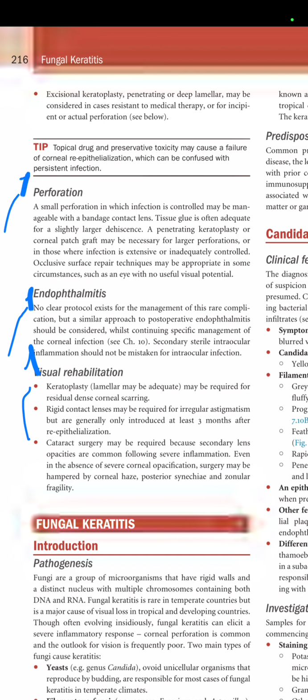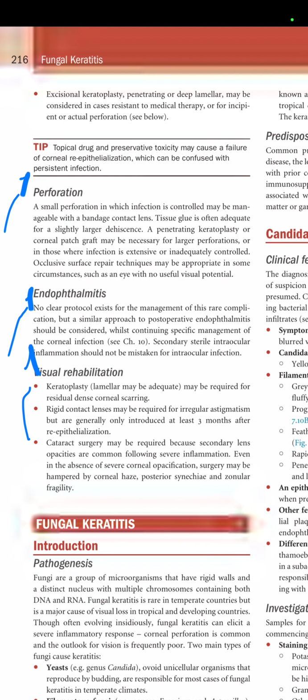How do we manage them? Perforation. A small perforation in which infection is controlled may be manageable with a bandage contact lens. Tissue glue is often adequate for a slightly larger dehiscence. A penetrating keratoplasty or corneal patch graft may be necessary for a larger perforation or in those where infection is extensive or inadequately controlled.